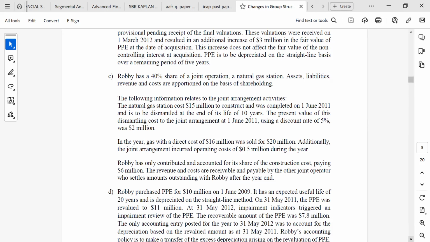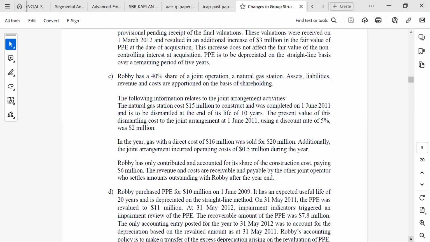Assets, liabilities, revenue, and costs are apportioned on the basis of shareholding. The following information relates to the joint arrangement activities. The natural gas station cost $15 million to construct and was completed on 1st June 2011 and is to be dismantled at the end of its life of 10 years.